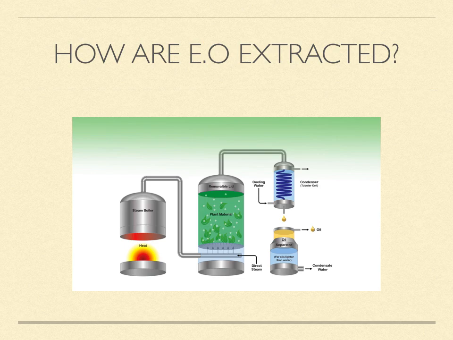And also, we then do not need to use any harsh solvents or other chemicals to separate the oily molecules from other molecules. In other words, our essential oil that is produced does not have any residual harsh solvents inside. That is why steam distillation is definitely the preferred method in order to make therapeutic grade essential oils.